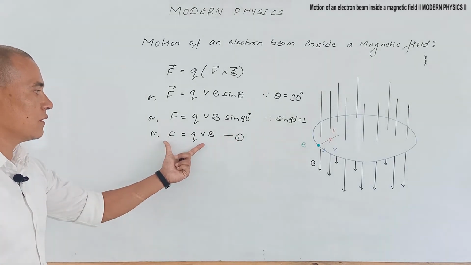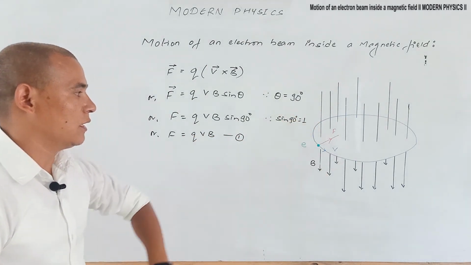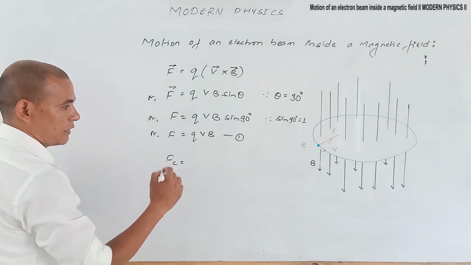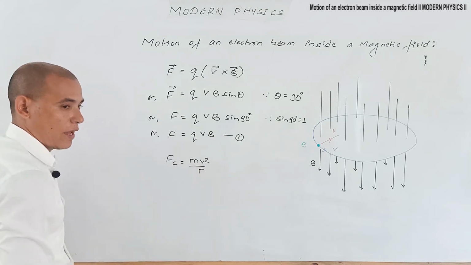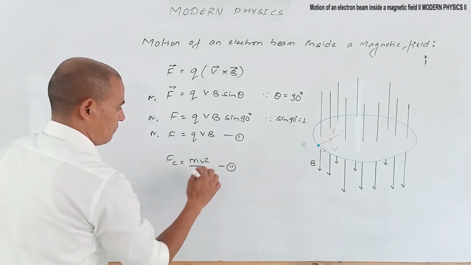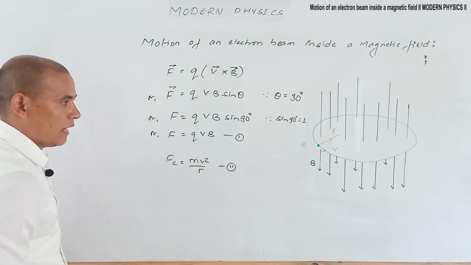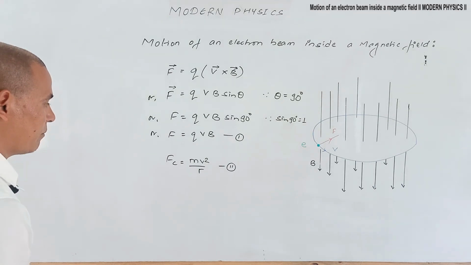Due to this Lorentz force, the electron moves in a circular path. The centripetal force experienced by the electron is also given as m v square by r, where m is the mass of the electron, v is the velocity, and r is the radius in which the electron is moving inside the magnetic field.